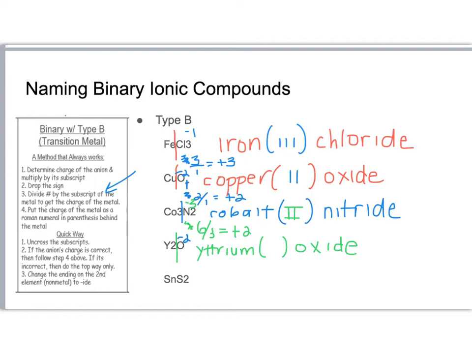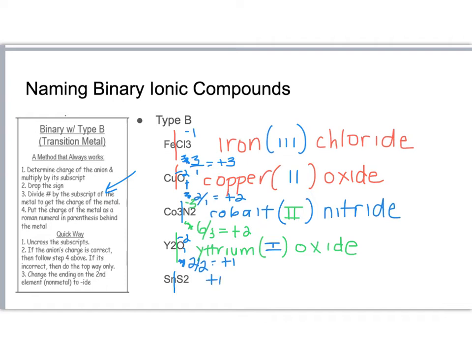It is a -2. We see that there is a subscript of 1 here, so -2 times 1 is -2. I'm going to drop the charge, and then divide it by the subscript of the metal, which is 2, and that's going to give me +1, and you will see that I will put a Roman numeral 1 in the parentheses.